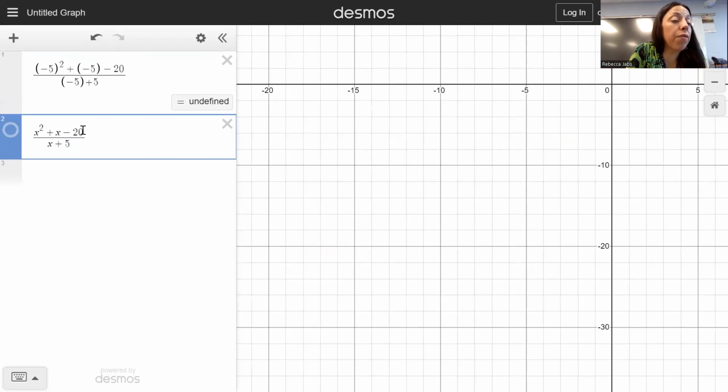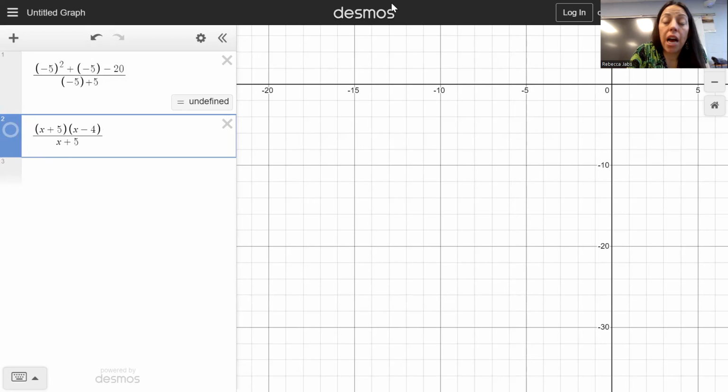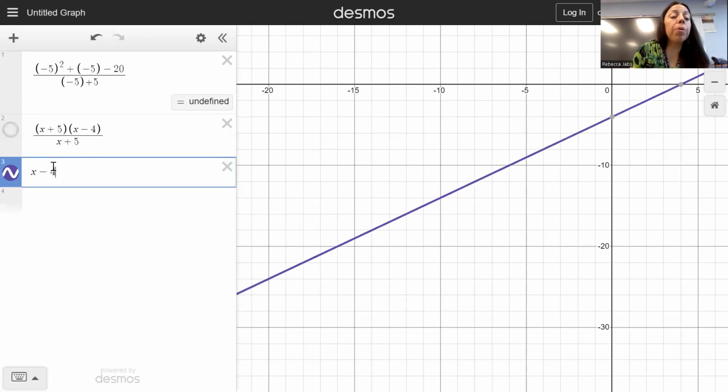So we're going to actually factor the top. Once you factor the top, you should notice that a set of binomials cancels. I don't have the app open where I can cross this off, but since it cancels, we would get X minus 4. And oh my goodness, look at that. Yes, X minus 4 over here.